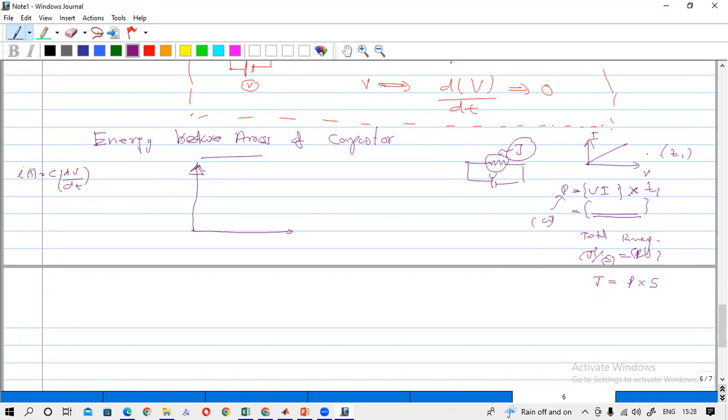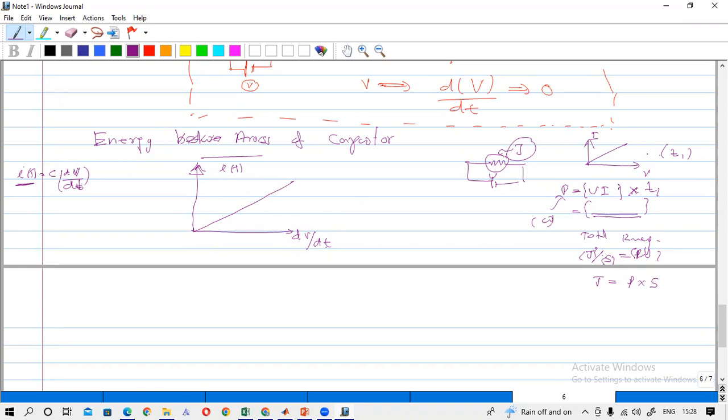So you can see that I(t) is the current, and dV/dt is the gradient of the voltage, and they are linearly related.